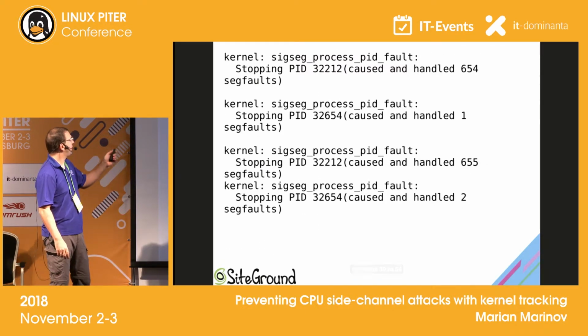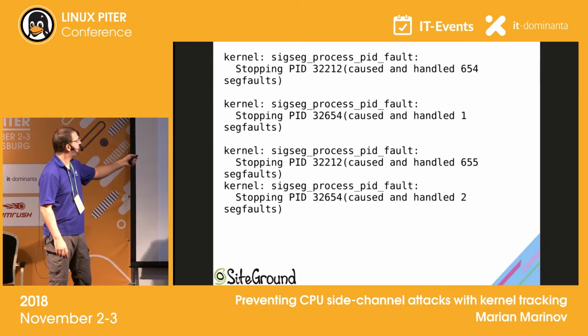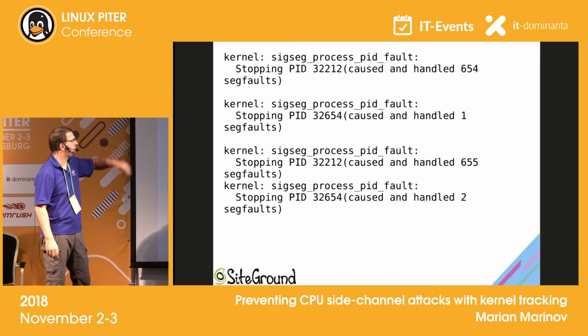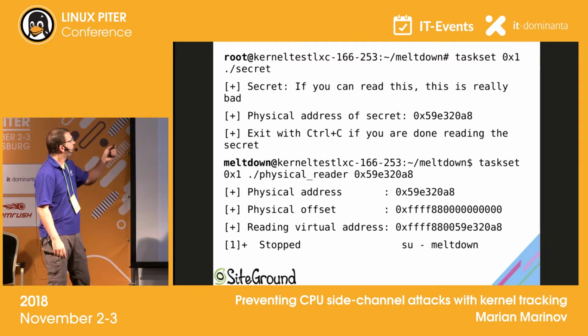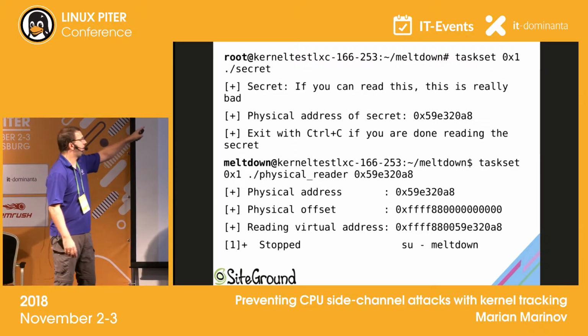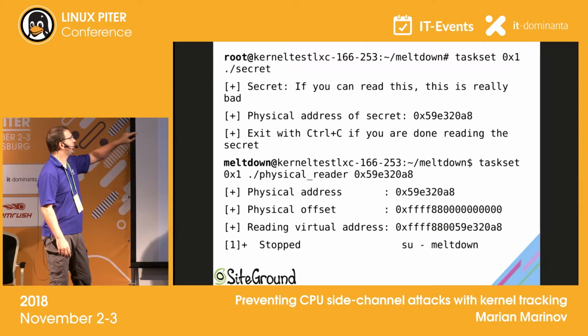And let's see what's happening. This is from the kernel message. We see that there is a process that was halted because it had so many segfaults. And here's the attack. This is the actual code from the Meltdown GitHub.